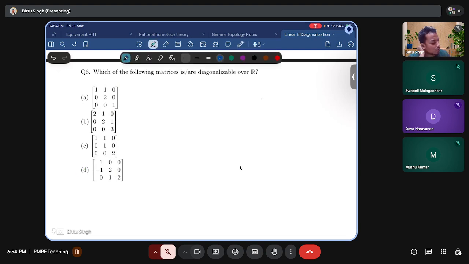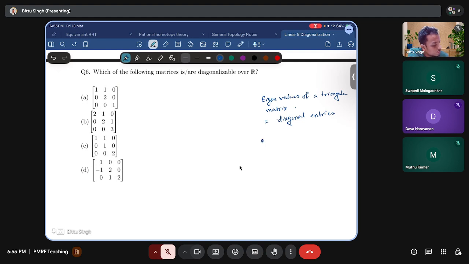So we already know that the eigenvalues of a triangular matrix are the same as the diagonal entries. So we need to check diagonalizability. And how can we check diagonalizability?